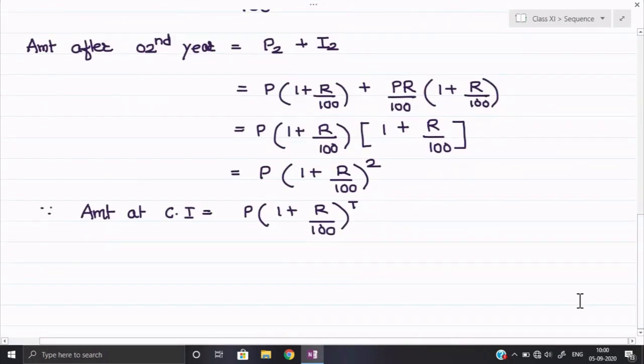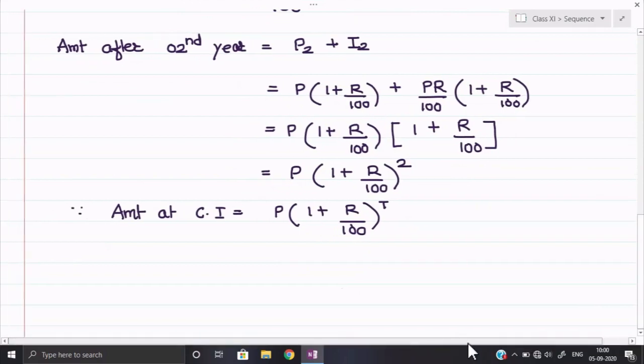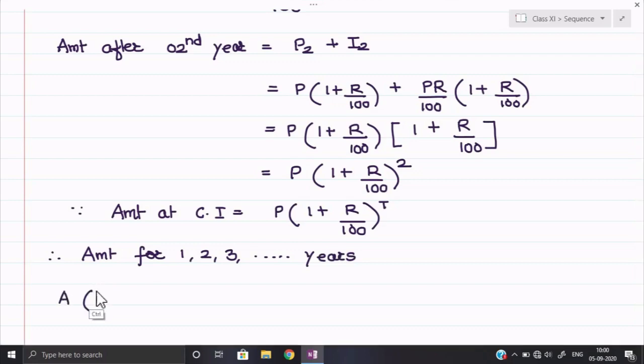If I find the amount for different years, for first, second, third years, the first amount will be P into the bracket 1 plus R upon 100 whole power 1.